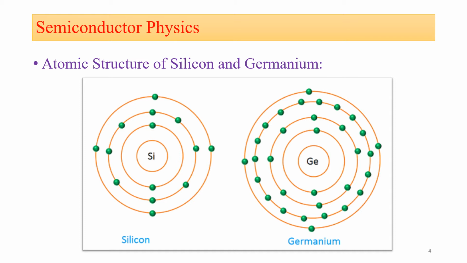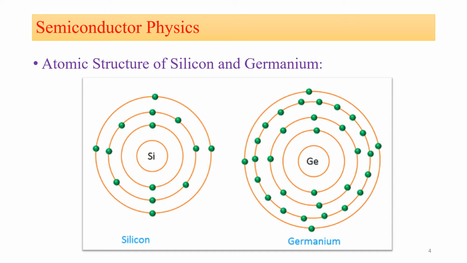Similarly, orbit 2 contains a total of 8 electrons. Similarly, orbit 3 contains a total of 18 electrons, meaning 18 plus 8 plus 2, there are a total of 28 electrons, and the remaining 4 electrons are in orbit number 4.